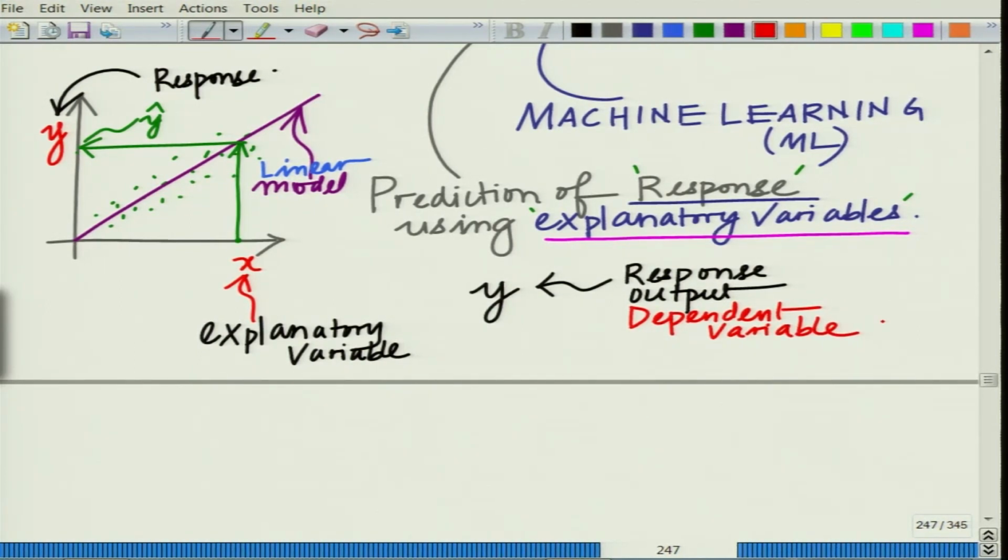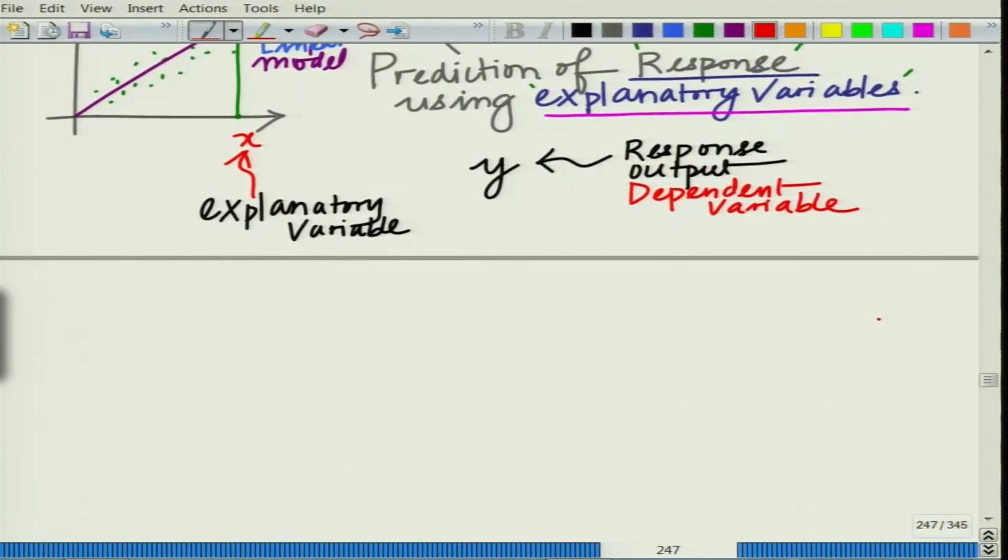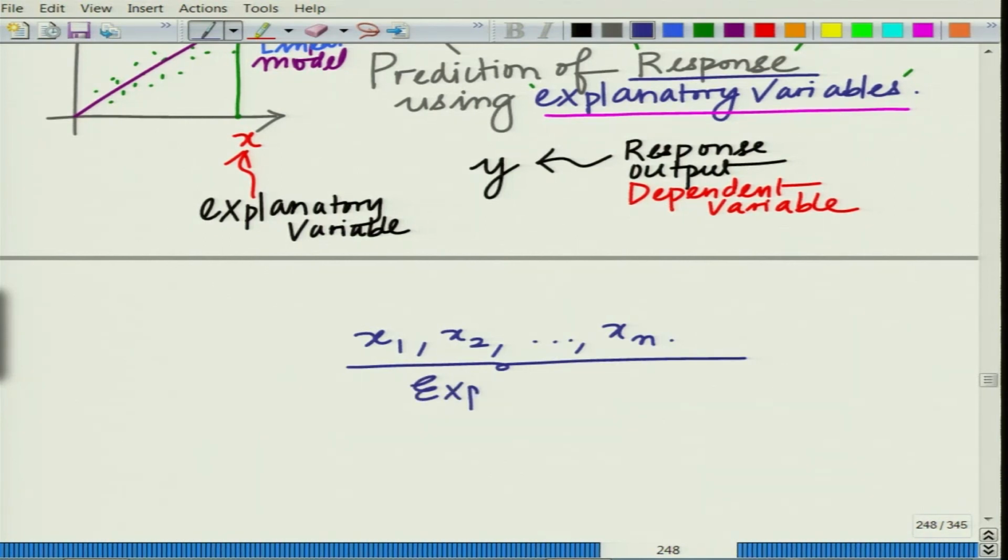And then you have a set of explanatory variables. So, you have x1, x2 up to xn, and these are your explanatory variables.